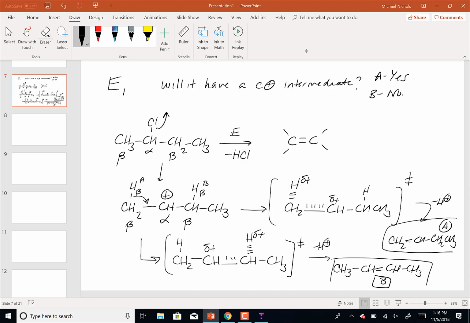Okay, I'll accept that. So the major product of this reaction is going to be the more stable product. Is that B? Is B the most stable product? Yes? Why?